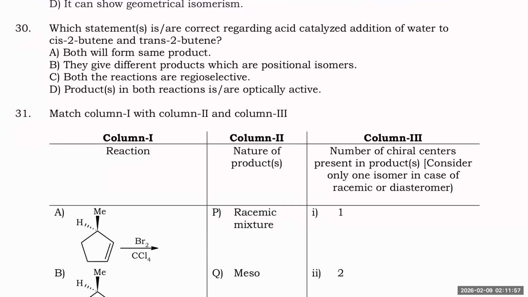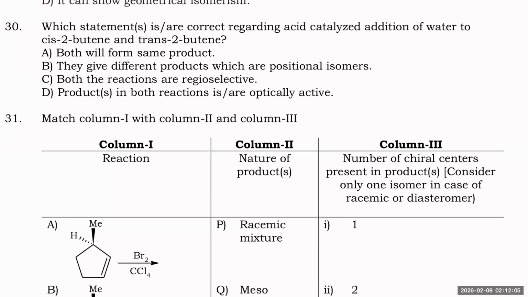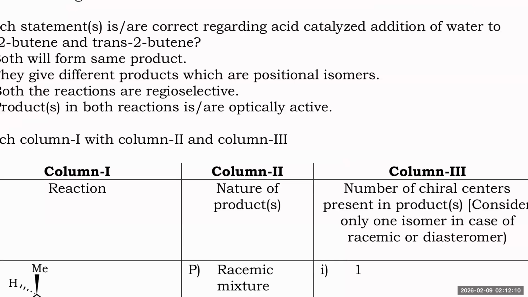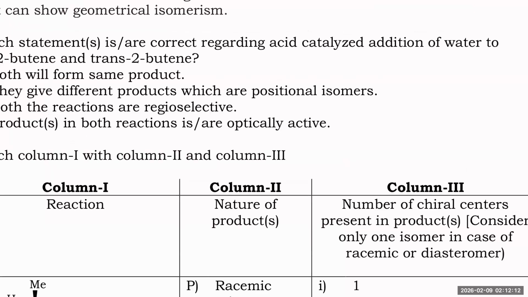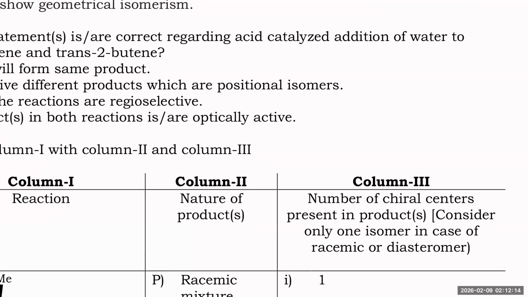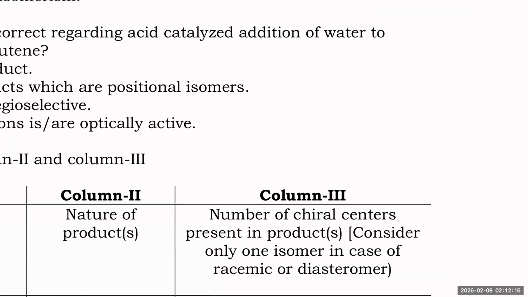See the next one. Which statement is or are correct regarding acid catalyzed addition of water to cis-2-butene and trans-2-butene? Okay. So notice cis-2-butene. If you have a cis here, then acid catalyzed addition means you are adding H plus, and then you are getting water on it.